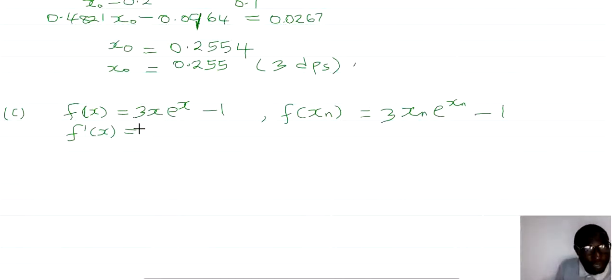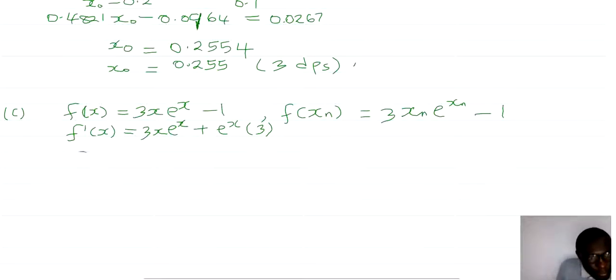So we are going to hold on 3x, we differentiate exponential x. So when you differentiate exponential x, you get exponential x plus, I'm now going to hold exponential x, differentiate 3x. Differentiating 3x, you get 3. Differentiating a constant, which is -1, you get 0.